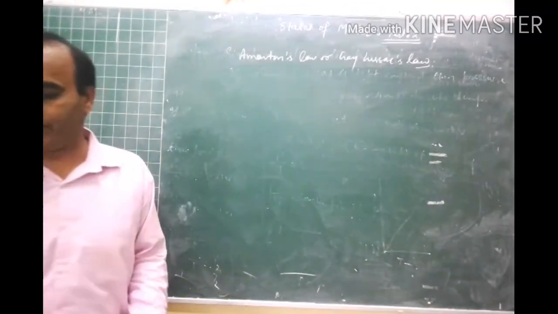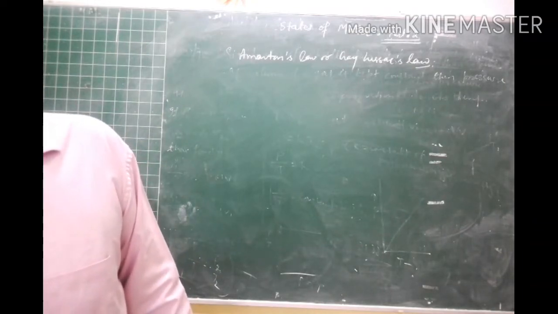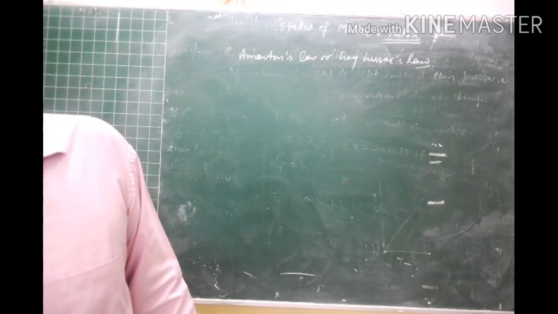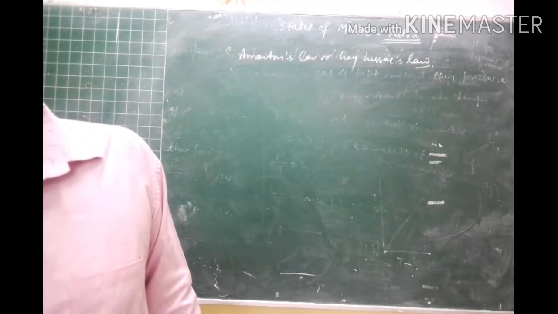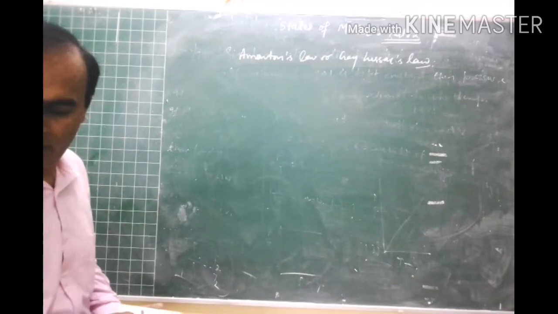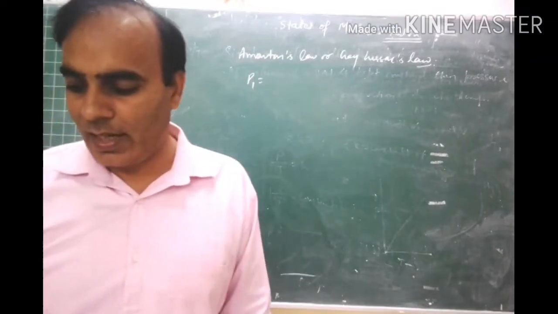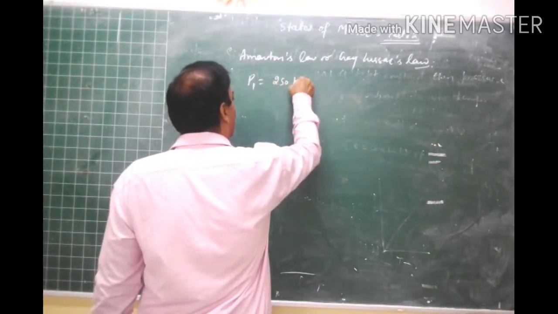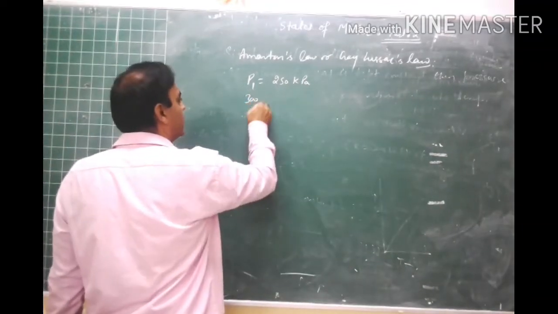So write down the statement. An iron cylinder contains helium at a pressure of 250 kilopascal at 300 Kelvin.